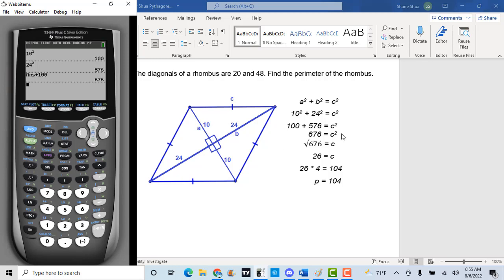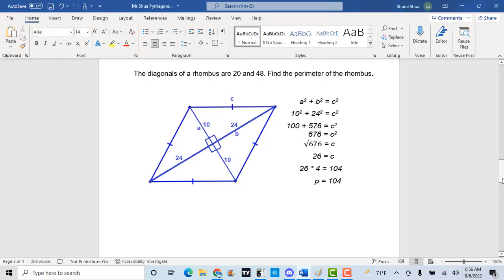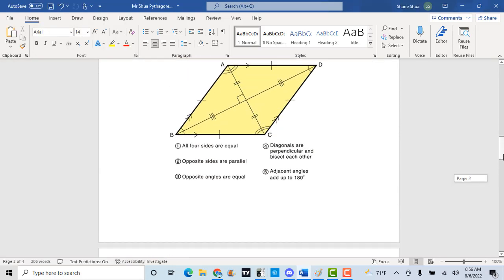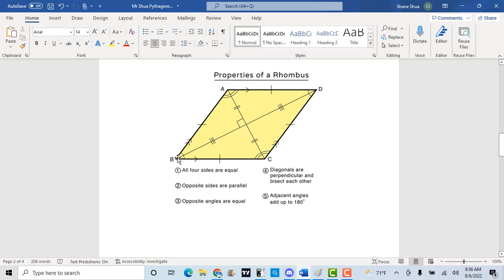So we want to know what c is, not c squared. So we're going to take the square root of both sides. So the square root of c squared is simply c. The square root of 676 is 26. So 26 is our c. So we know that c is 26. Now, if you remember, one of the properties of a rhombus is that all four sides are equal.